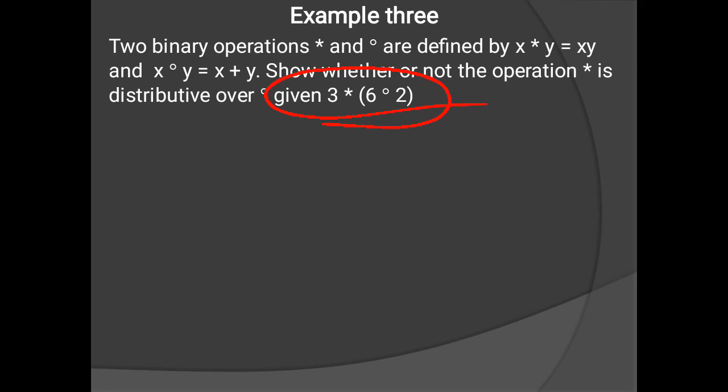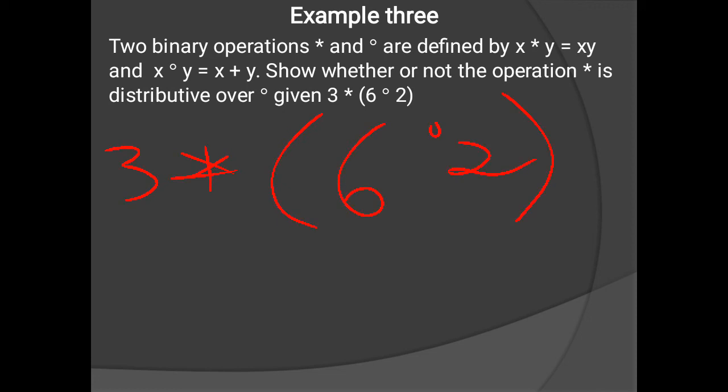So we quote our condition for distributivity, which states that 3 operation, so 3 operation 6 operation 2 should be the same as, guess. All right, your guess is right.